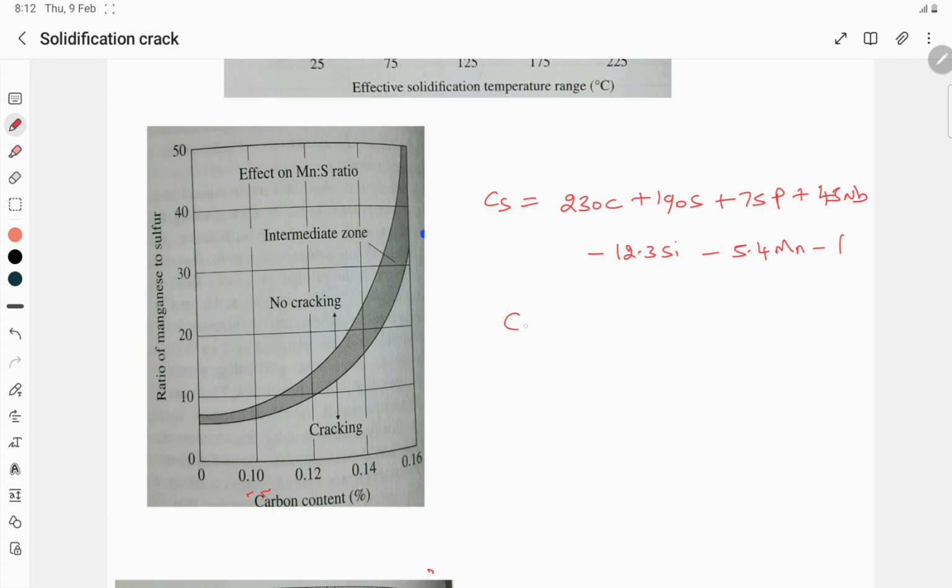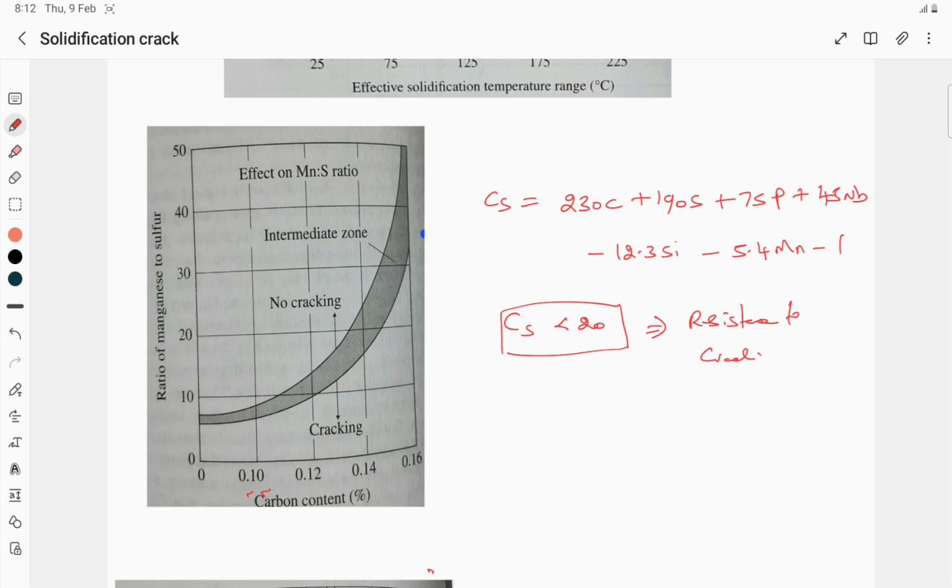If this CS value is less than 20, it will have better resistance to solidification crack. We have seen that for alloys the solidification temperature range will be higher, so based upon the amount of alloying elements, that is carbon, sulfur, phosphorus, niobium, silicon and manganese, they have derived a relation. If the value is less than 20, generally the resistance to the formation of cracks will be higher.